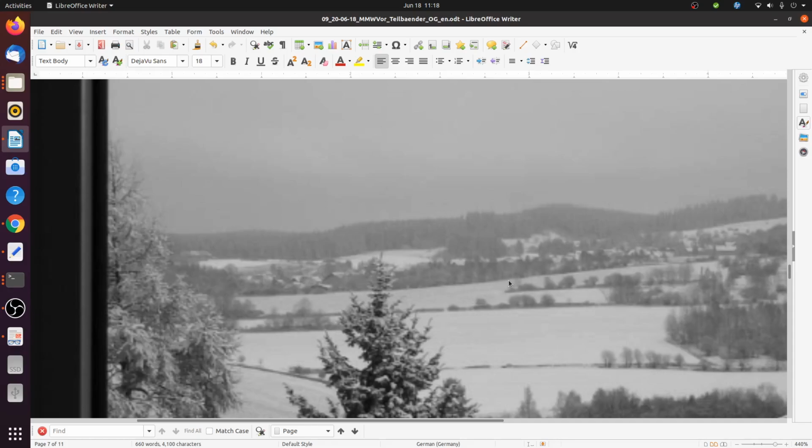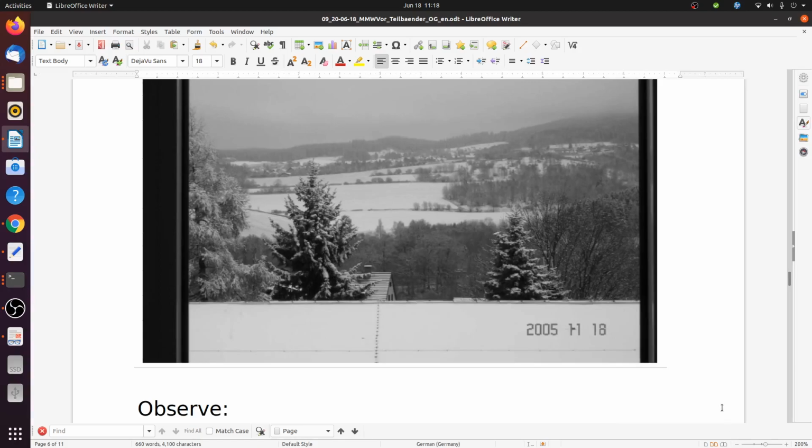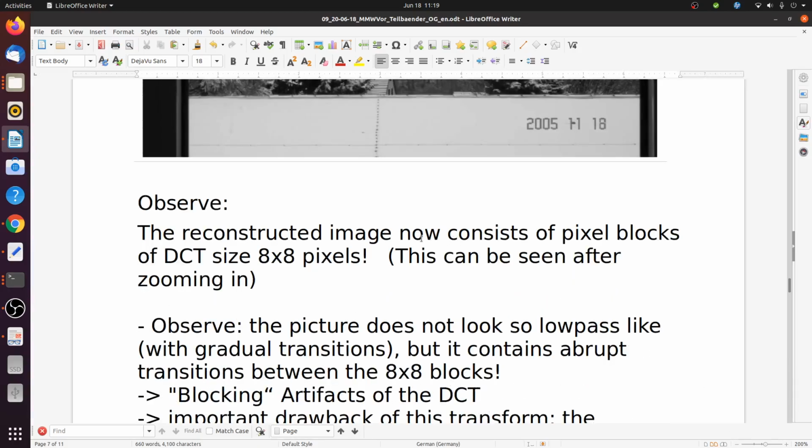Yeah, so zooming in is kind of like cheating for lossy compression, but it helps to see the differences. So here you can see it's no longer those 8x8 blocks, and now we have much more detail because this is the original.